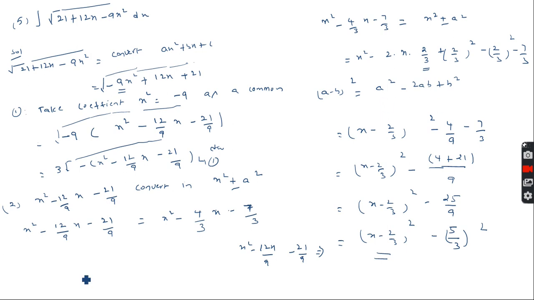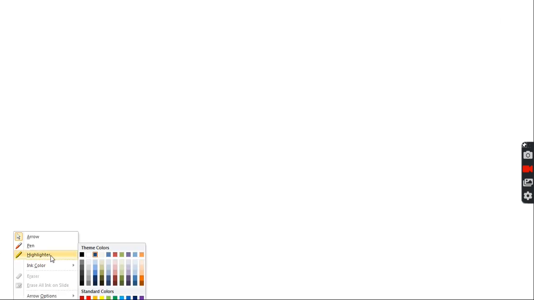But here, from 1, what is the 1? The 1 is nothing but 3 into root of minus of x minus 2 by 3 whole square minus 5 by 3 whole square.